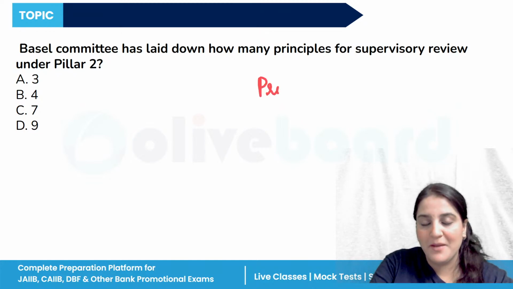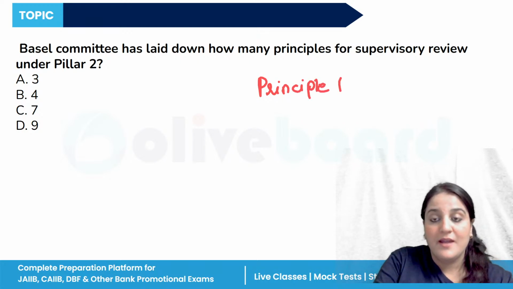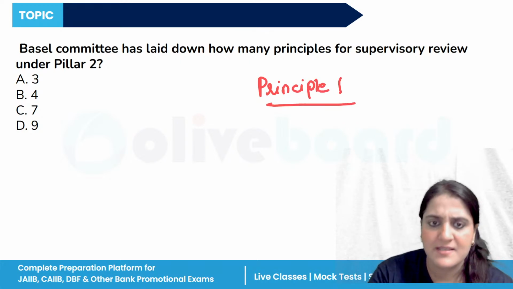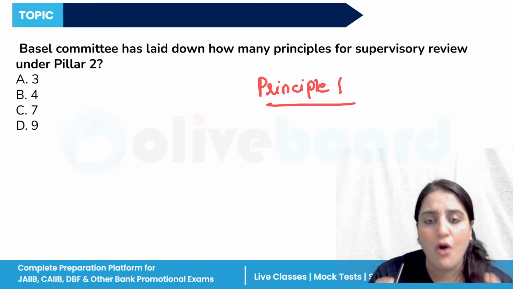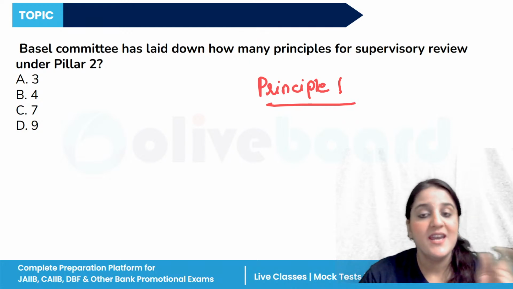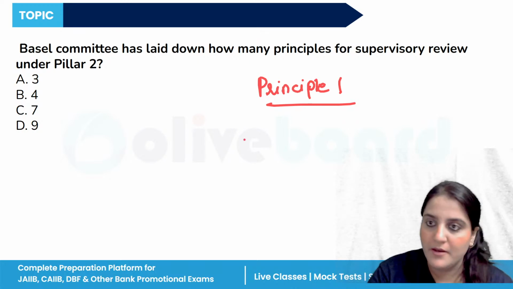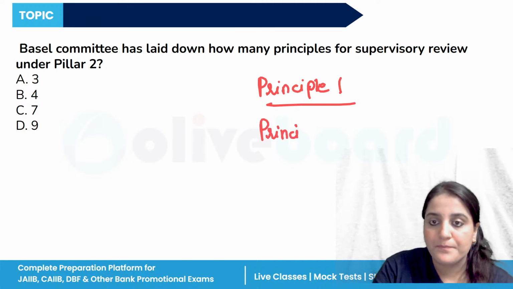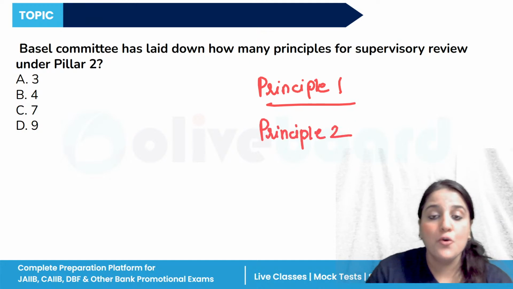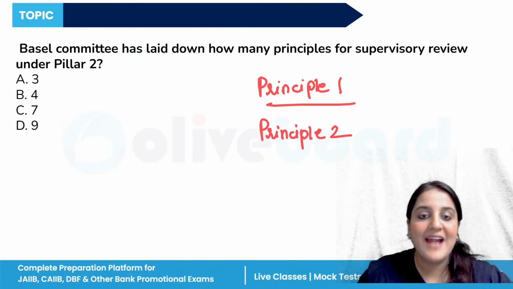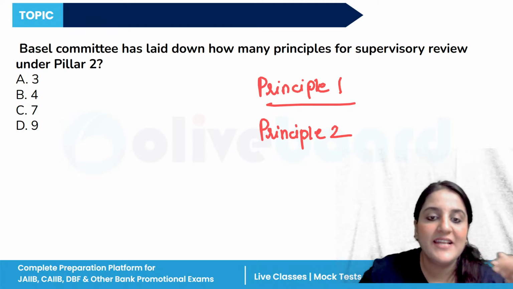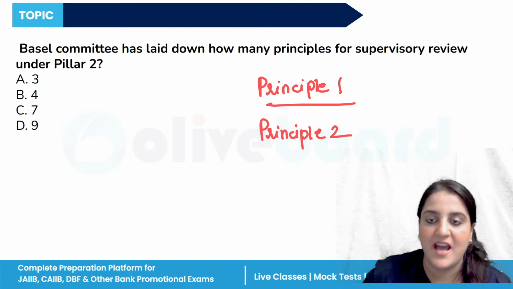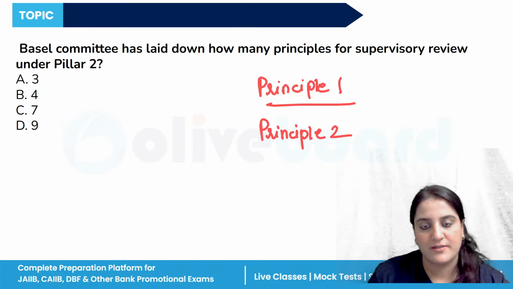Basically, principle 1 is that a bank should have a process for assessing their overall capital adequacy in relation to their risk profile. Principle 2 is that supervisors should review and evaluate the bank's internal capital adequacy assessments and strategies.